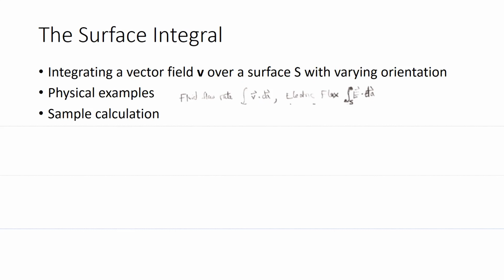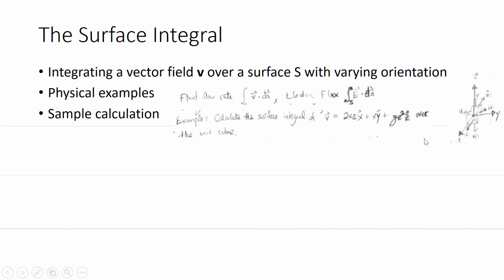Okay, sample calculation. This one gets a bit complicated, but let's go through it. Calculate the surface integral of the function v equals 2xz x hat plus xy y hat plus yz squared z hat over the unit cube.